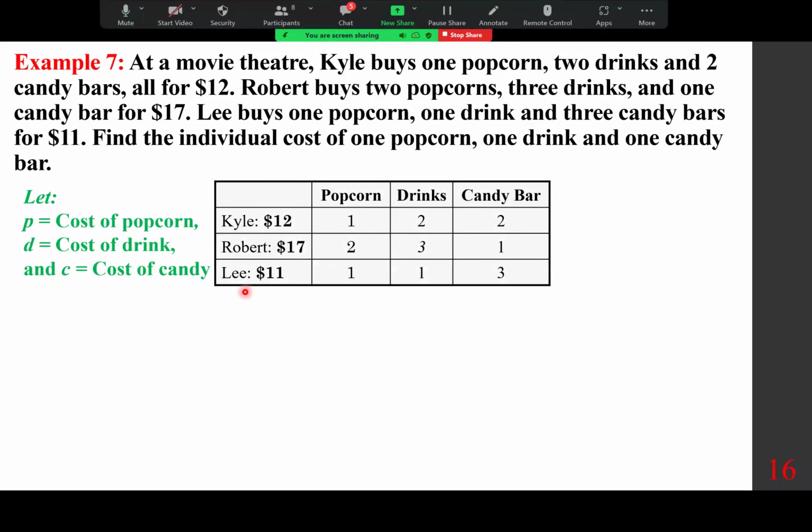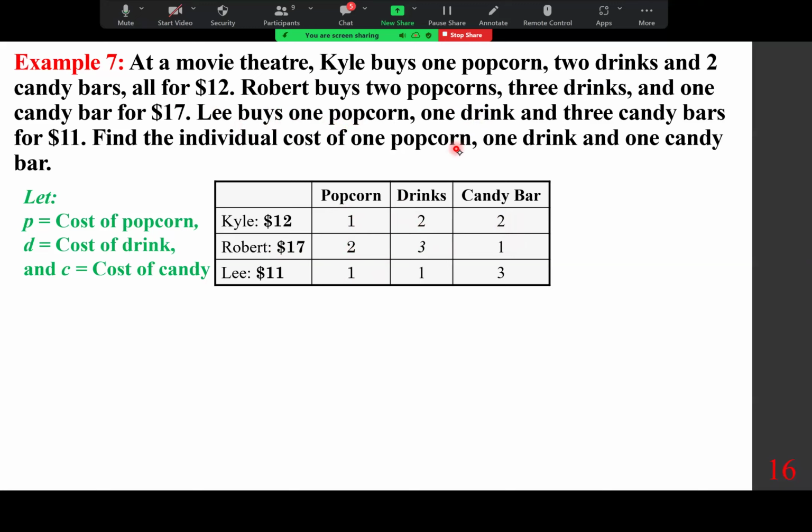We know that Kyle paid $12, Robert paid $17, Lee paid $11. For Kyle, we had 1 popcorn, 2 drinks, 2 candy bars. For Robert, 2 popcorns, 3 drinks, 1 candy bar, right? And Lee buys 1 popcorn, 1 drink, and 3 candy bars.